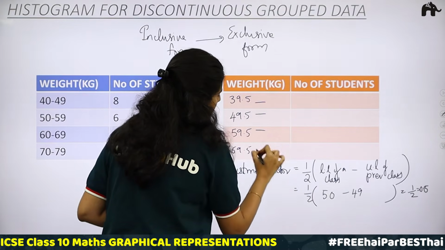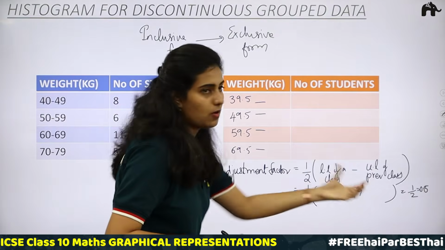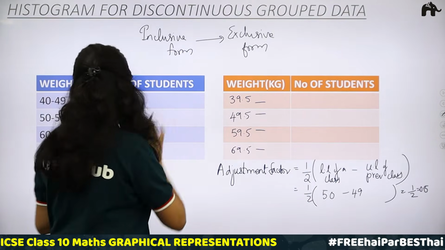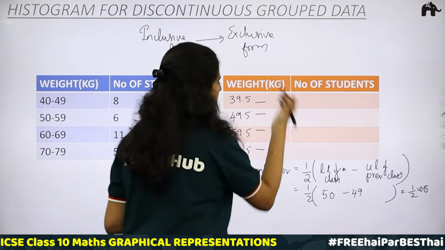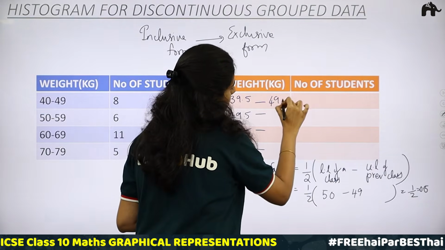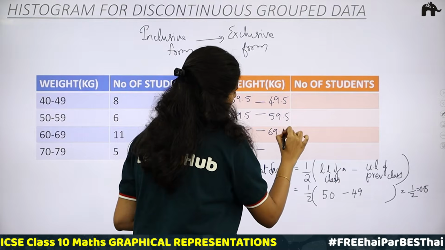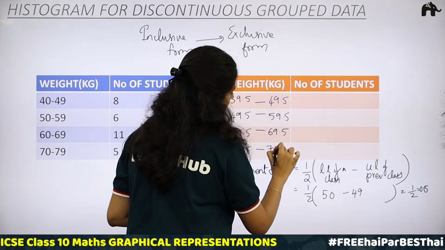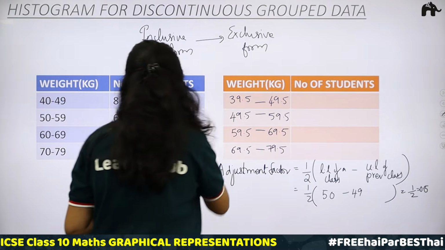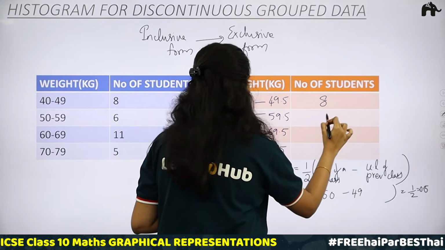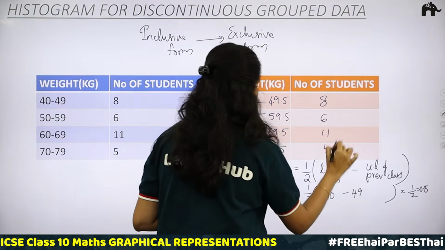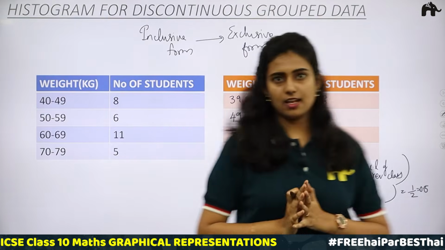Now the upper limits, you are going to add this 0.5 adjustment factor to all the upper limits. 49 plus 0.5, 49.5. Here 59.5, 69.5, 79.5. Then the frequencies are 8, 6, 11, 5. What is the change that has happened?